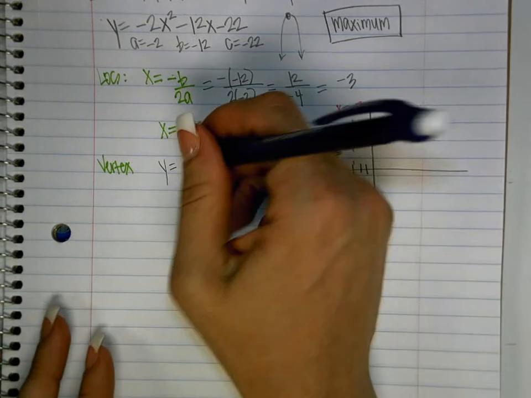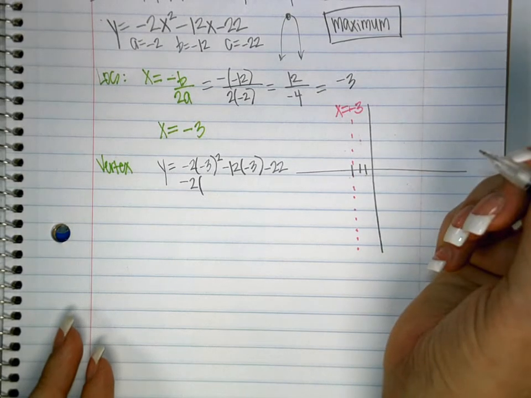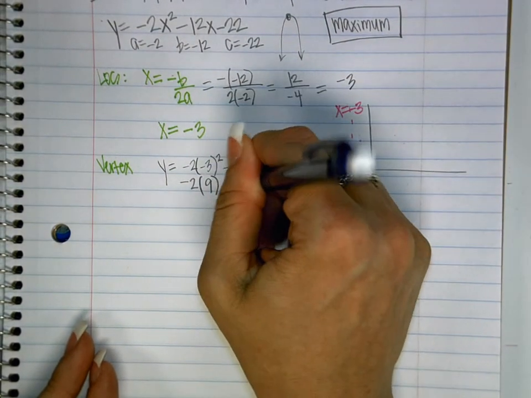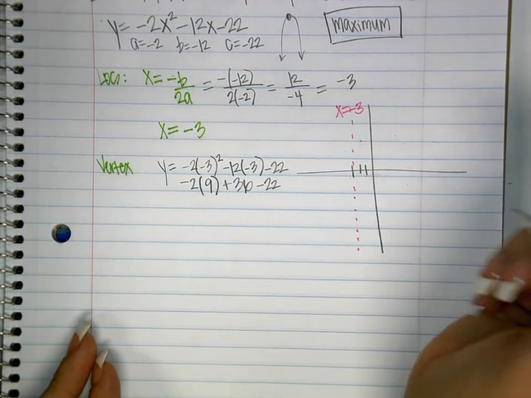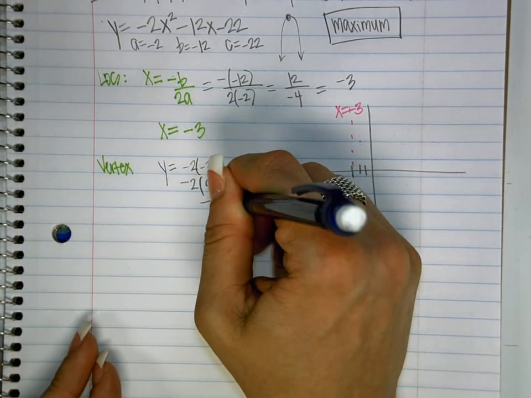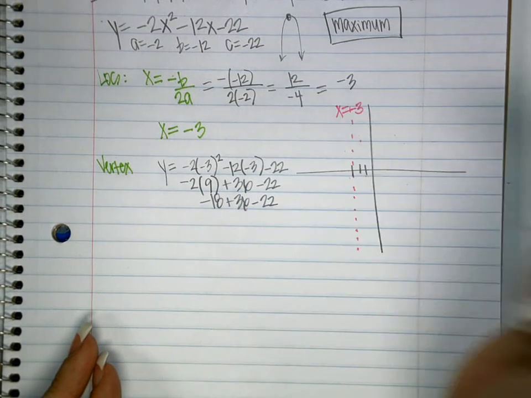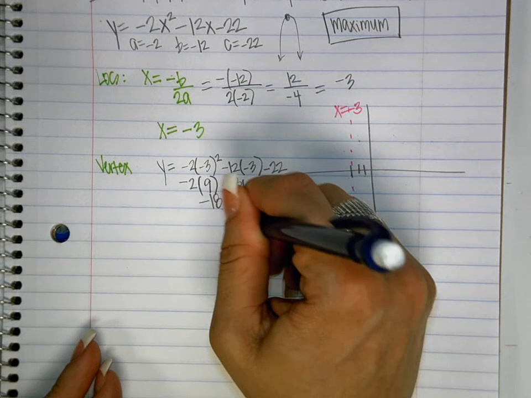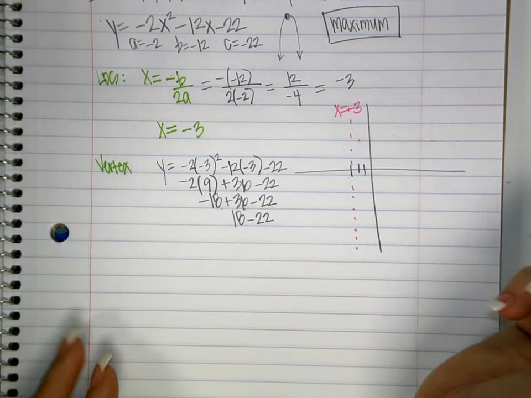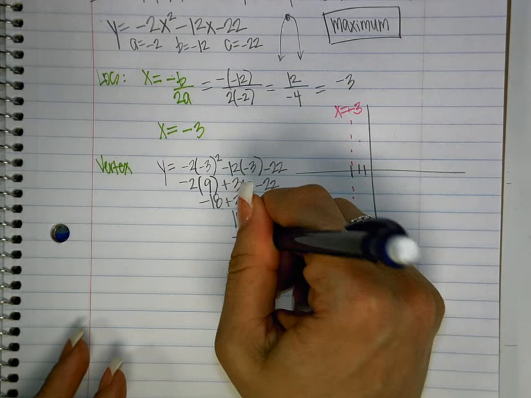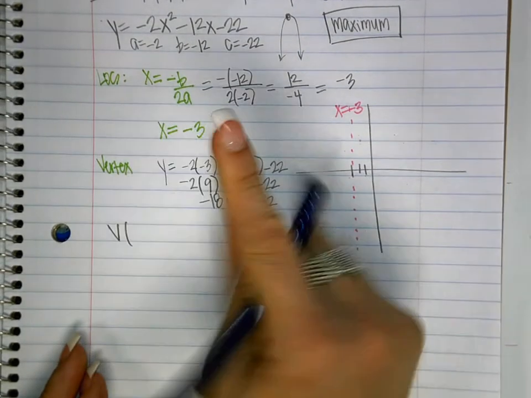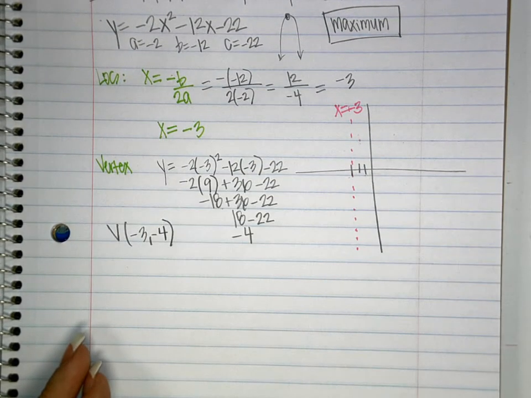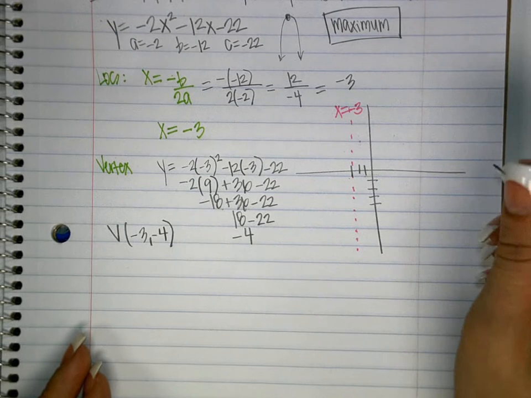Square it first. What is negative 3 squared? Positive 9. Negative 12 times negative 3 gives you plus 36 minus 22. Negative 2 times 9 gives you negative 18 plus 36 minus 22. Negative 18 plus 36 gives me a positive 18, minus 22. 18 minus 22 is negative 4. So my vertex will be at negative 3, negative 4.